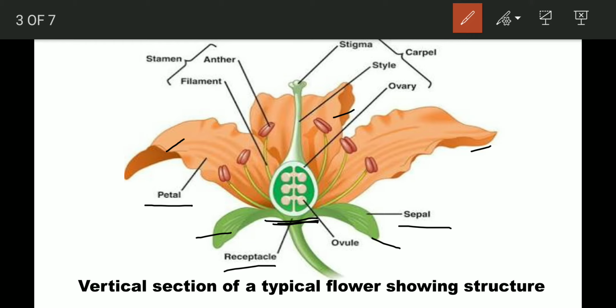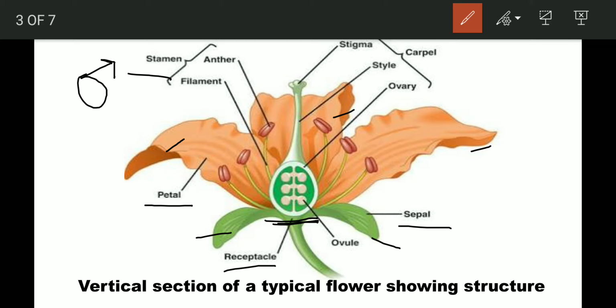Now I am telling that flower is the reproductive part of the plant. That means there should be a male part and a female part. So here is the stamen. The stamen is the male reproductive part of the flower, and it consists of two parts.